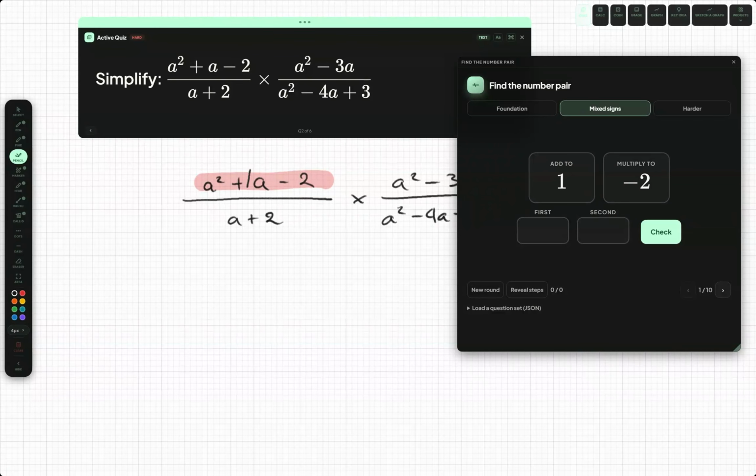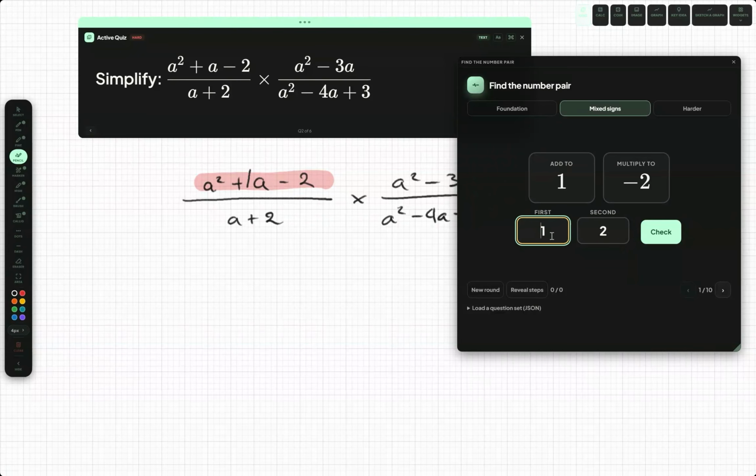So our first one, we needed to add to 1, the sign's important, add to 1 and multiply together to give our negative 2. Okay, so the positive value will have to be larger, right? So what's our product of 2? Well, 1 times 2 essentially, but which one is the positive and which one is the negative? If I do 1 and then minus 2, well, I add those together and 1 plus negative 2 is negative 1, so that won't work.